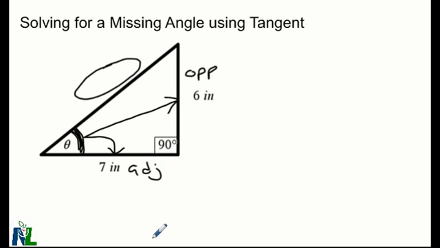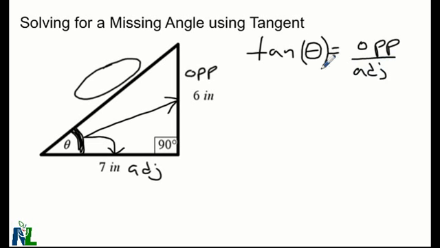And because we've got a right angle triangle with an adjacent side and an opposite side, we know that using the tangent ratio is correct for this triangle. So our step is to write down the tangent ratio: tangent of theta is equal to the opposite divided by the adjacent side.